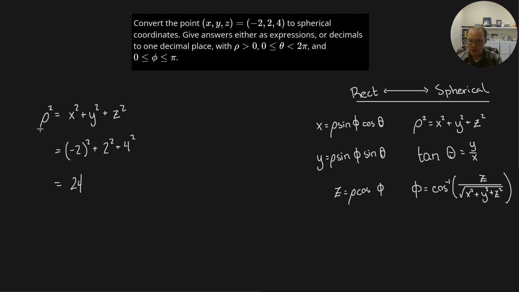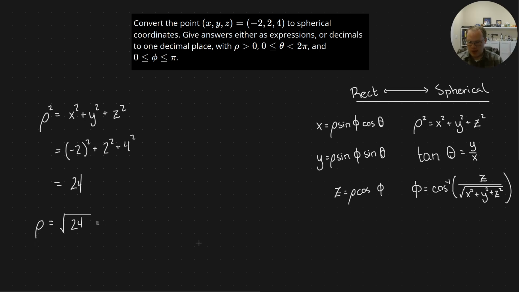Okay, now that's rho squared. I want rho. Because I'm only interested in the values of rho that are positive, I could take the positive root of this. I don't have to worry about the plus and minus that would normally come when you take a square root. Okay?